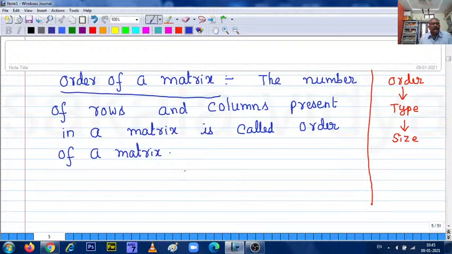Order of a matrix. So now note, write down.